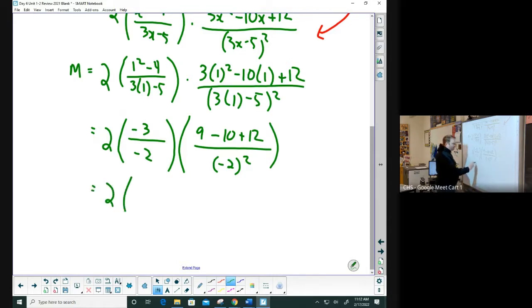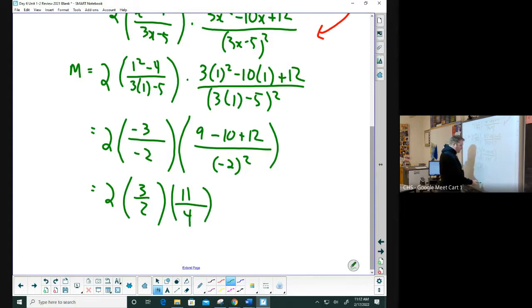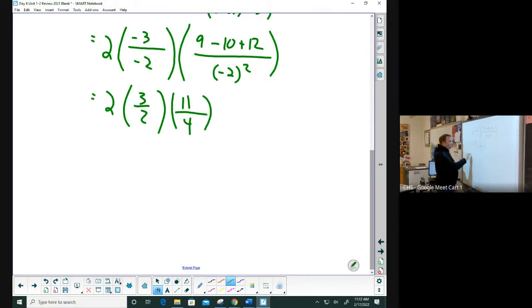Negative divided by negative is positive, so I'm going to leave that as 3 over 2. This is 2, that's 11 over 4. And now I've got 2 over 1, so 2 times 3 is 6, times 11 is 66 over 12. That's 2 times 4 is 8, which I think is 33 over 4.